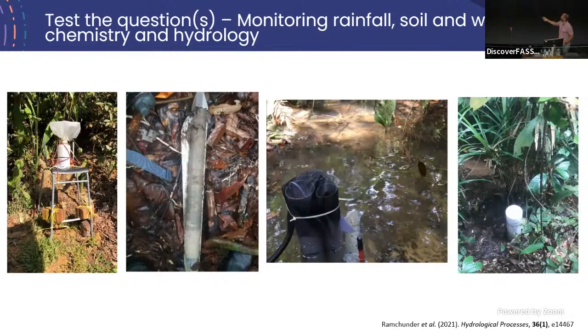One was near NUS, because we wanted to see where the rain was coming from, and we looked at a variety of maps to try to figure that out. We also had another rainfall collector in Bukit Timah Nature Reserve, close to this site.